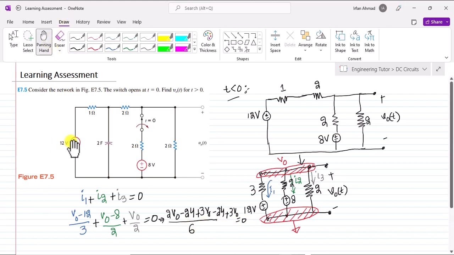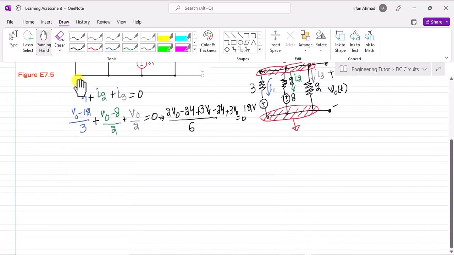So let me go down here. So now solving it for the V0, let me simplify it. So this V0 term, this and this, these three will be added together, and I will get 8V0, and similarly minus 24 and minus 24, that is minus 48 divided by 6 equal to 0.